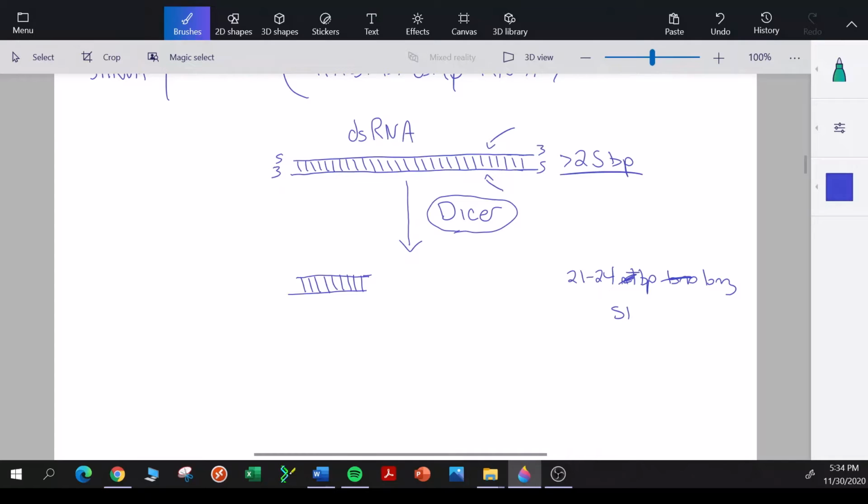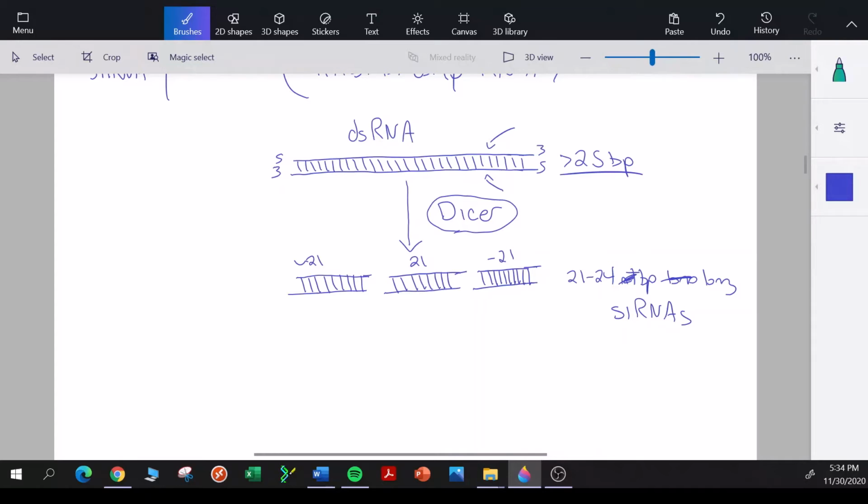And they are called short interfering RNAs. And let's say that was a long double-stranded RNA molecule up there. So we can get lots of these short interfering RNAs produced from that double-stranded RNA when it is processed by dicer. And so each of these are, let's say these are all 21 base pairs long.